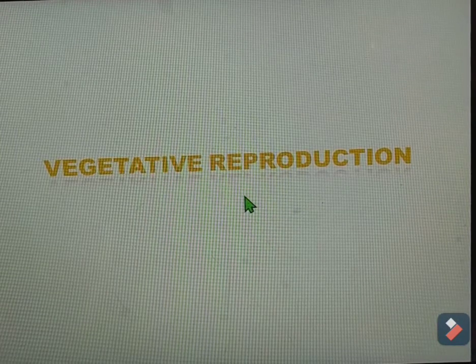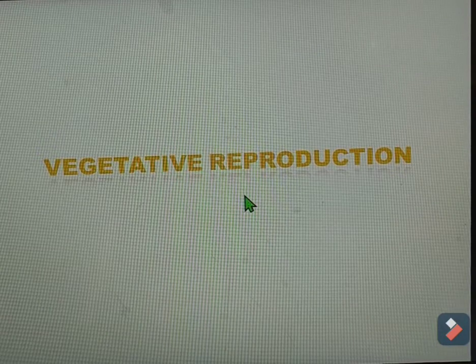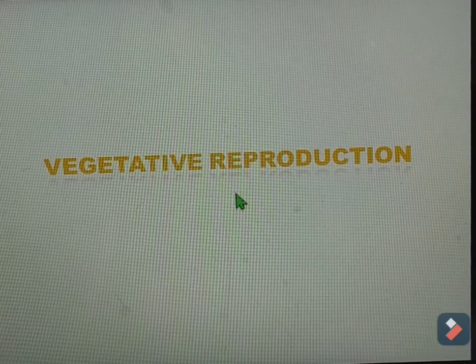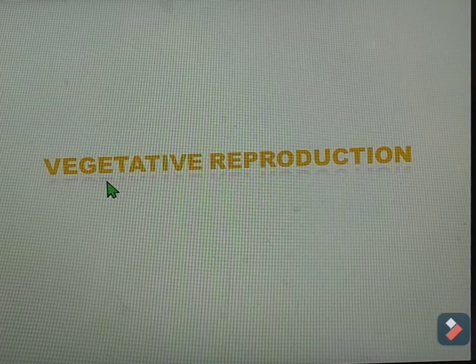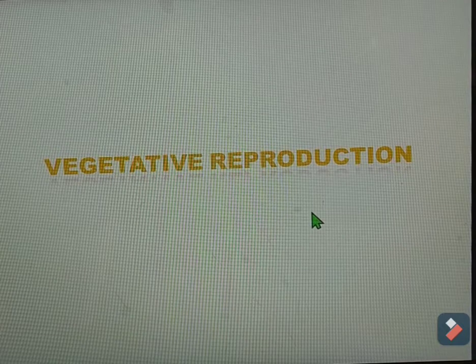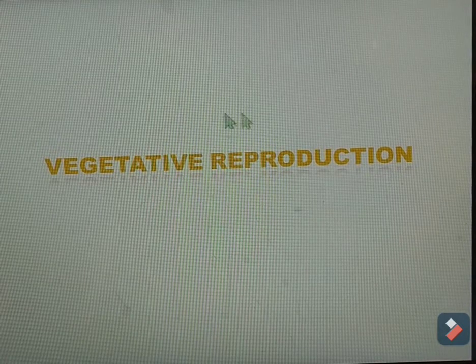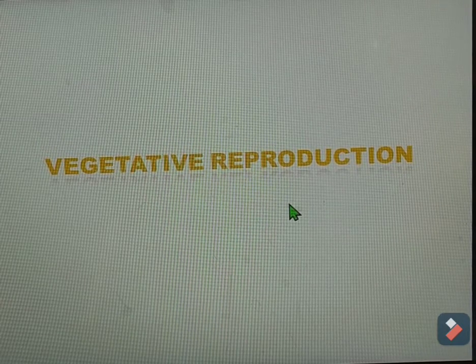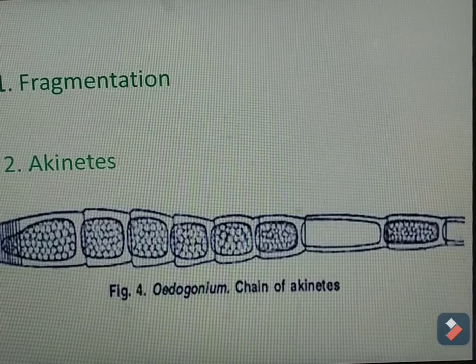As you can see, Oedogonium can reproduce by vegetative reproduction, asexual as well as sexual reproduction. We are going to start with the first one, that is vegetative reproduction.